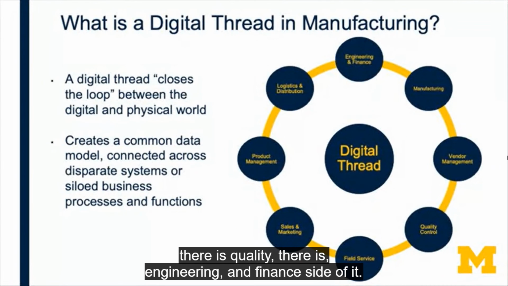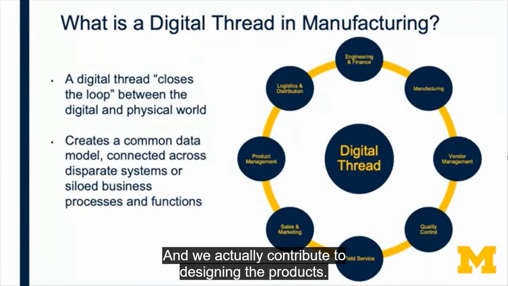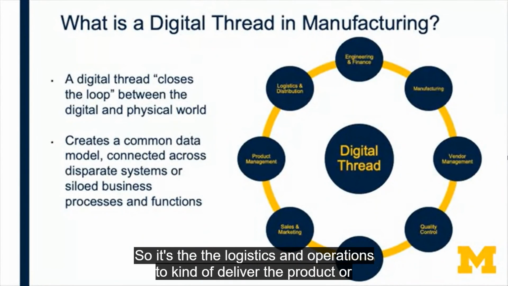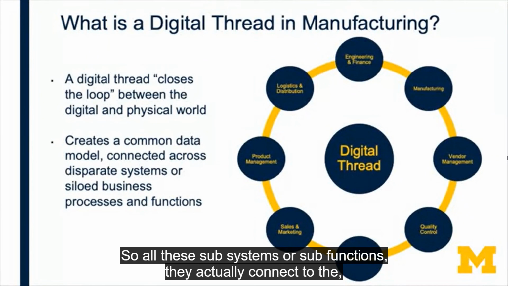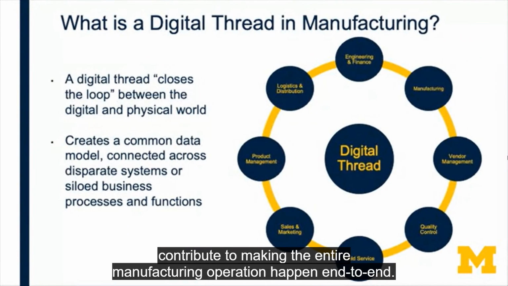So it's the logistics and operations to deliver the product or get the inbound supplier into the manufacturing operations. So all these subsystems or sub-functions connect to contribute to making the entire manufacturing operation happen end to end.